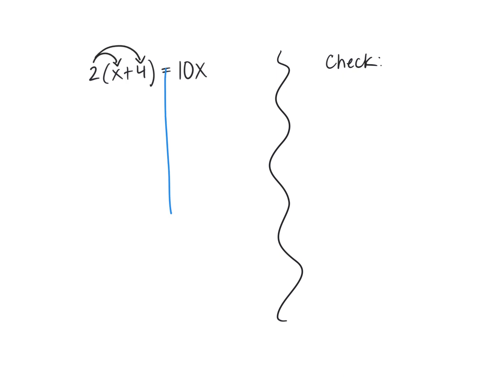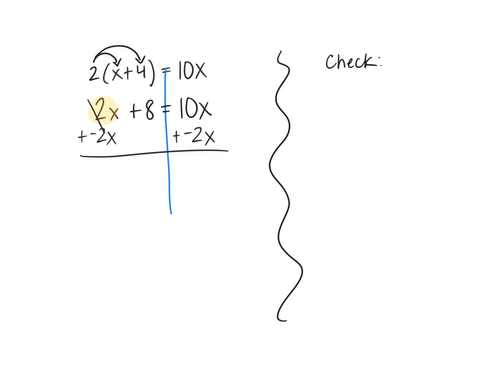If I do that, I end up with 2x plus 8 equals 10x. Now I see that I have variables on both sides. I want to move them so they're on the same side. So I'm going to try to get rid of this 2x because that's a little smaller. To cancel out a positive 2x, I'm going to add in a negative 2x to both sides.